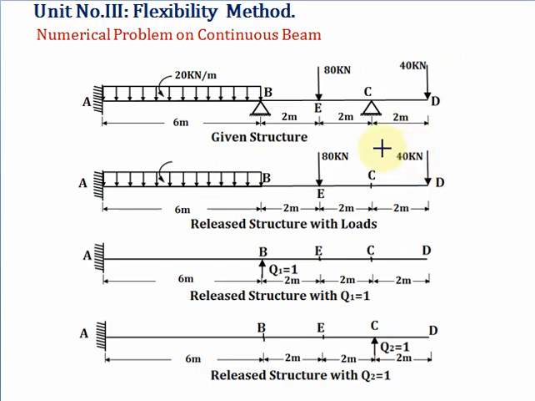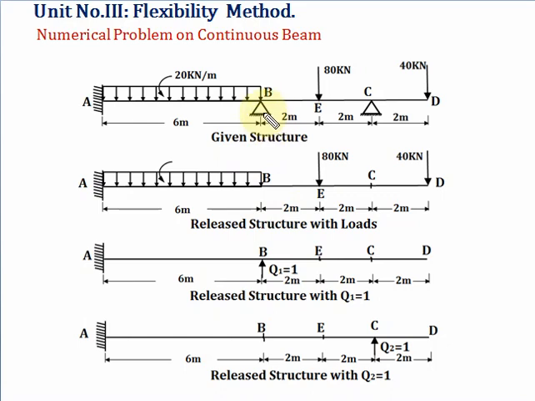Now the next step. If you see the first figure, the given structure is shown. If you see the second figure, it is the released structure with the load. Released structure means the given structure we have made statically determinate.